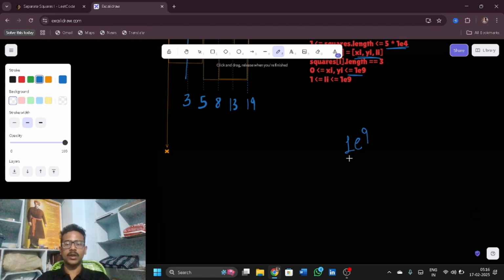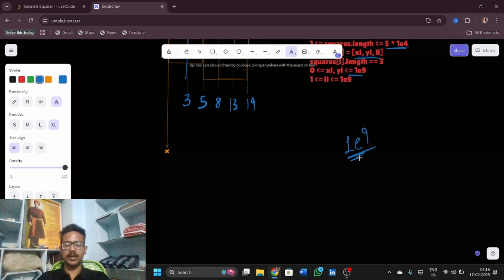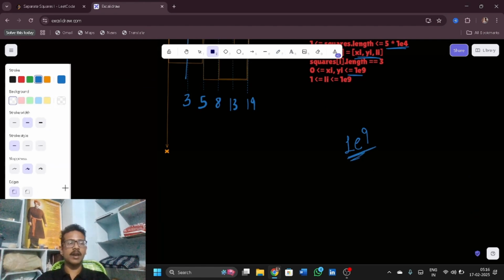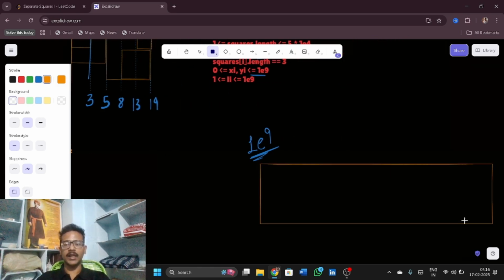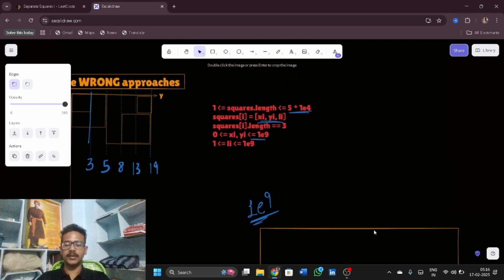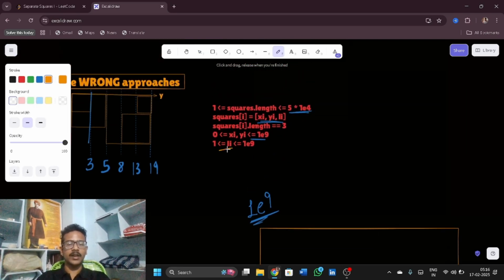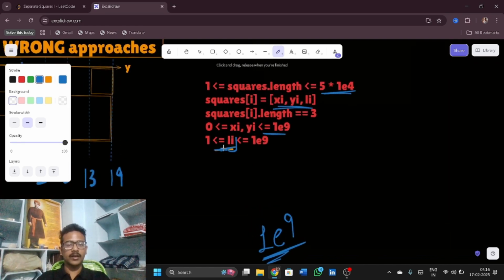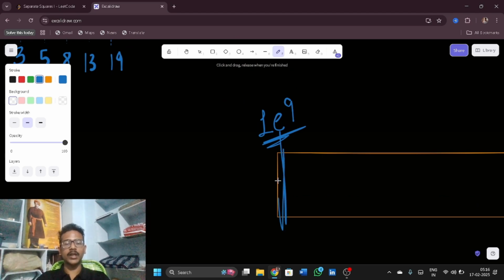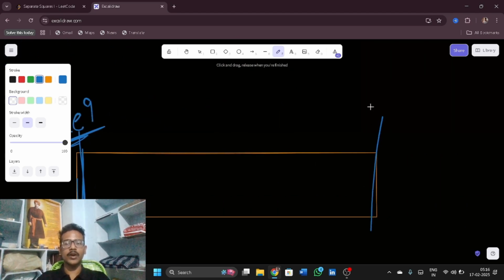Imagine I am at y equal to 1e9, and I have another square with a length of another 1e9. So when y is 1e9, I can also have another 1e9 on top of it.